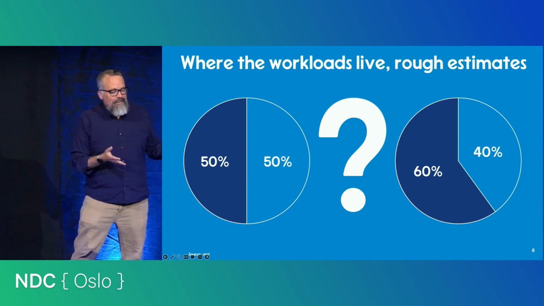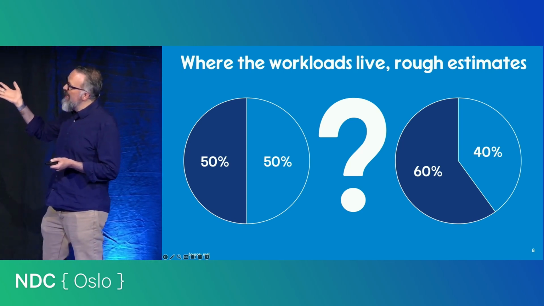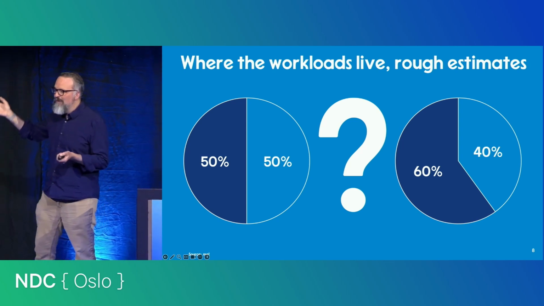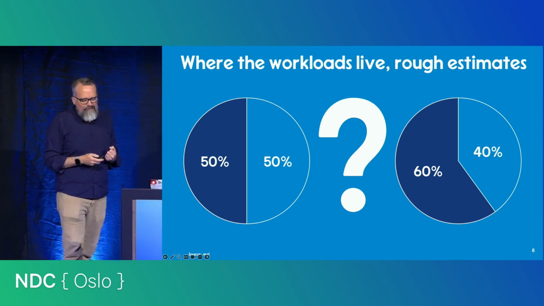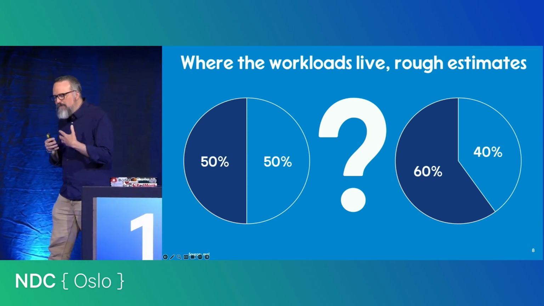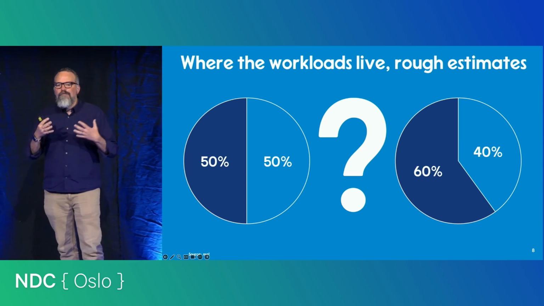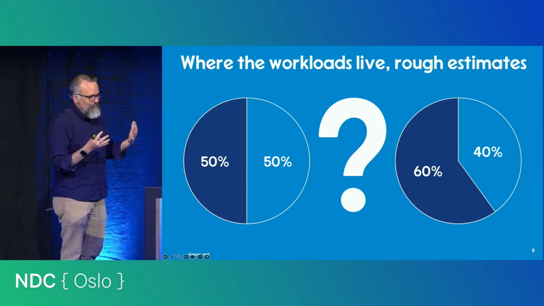Now, thankfully, I have a philosophy degree, so I'm very comfortable with ambiguity and just kind of approximations. So these numbers make me happy. I don't really need much more precision than that to figure out that that's kind of the area that we're working in, right? So the point being, there is a significant amount of applications running on premises, running on private cloud, running in a dedicated environment, right?